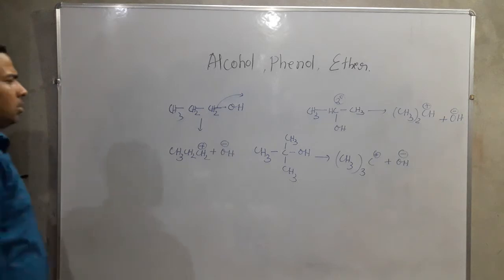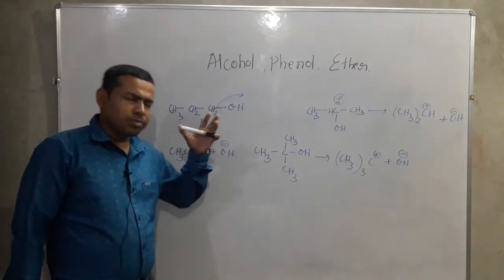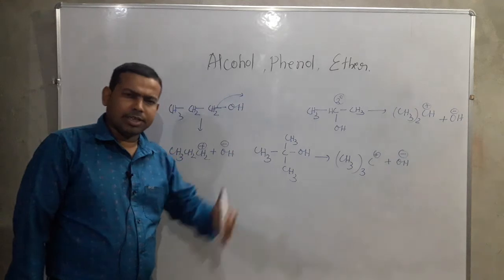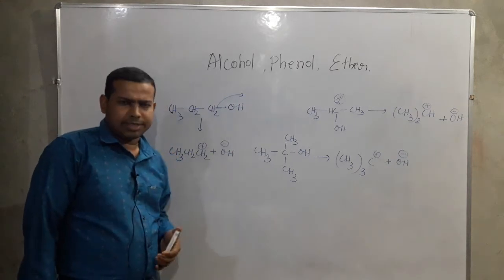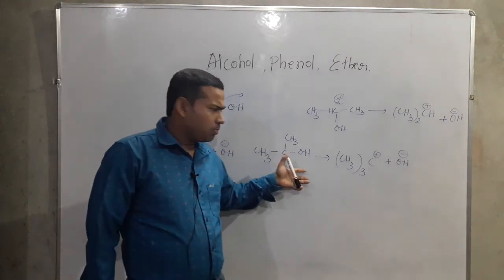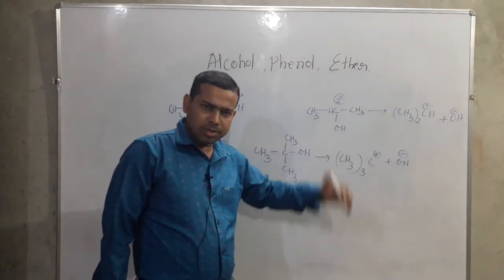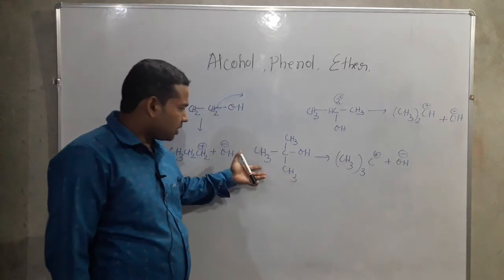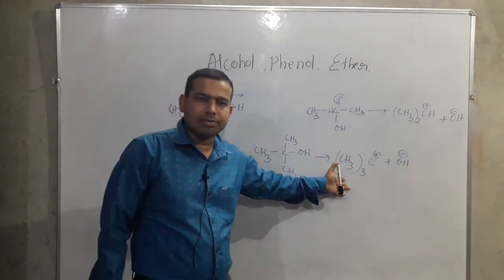So which alcohol, primary, secondary or tertiary, is more basic in nature? Tertiary alcohol immediately dissociates and forms a tertiary cation plus OH minus. The tertiary cation is highly stable, so tertiary alcohol immediately shifts into the tertiary cation.